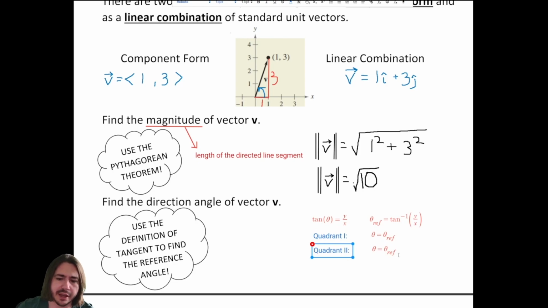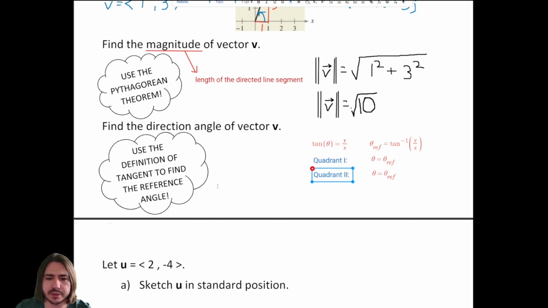Let me show you a little diagram here to kind of explain what I'm talking about. Just kind of draw this out. So yeah, if you're in quadrant 2, and let's say your vector is over here, then this little formula to get the reference angle is actually going to give you this negative angle right here. And so what we want is this angle right here.